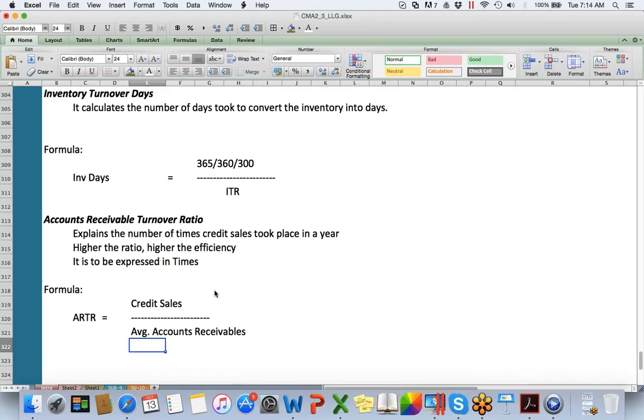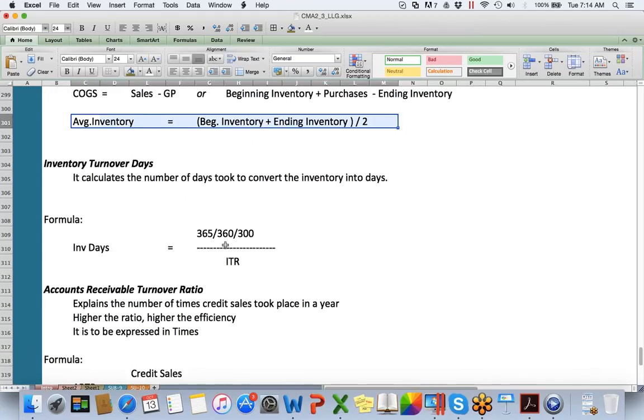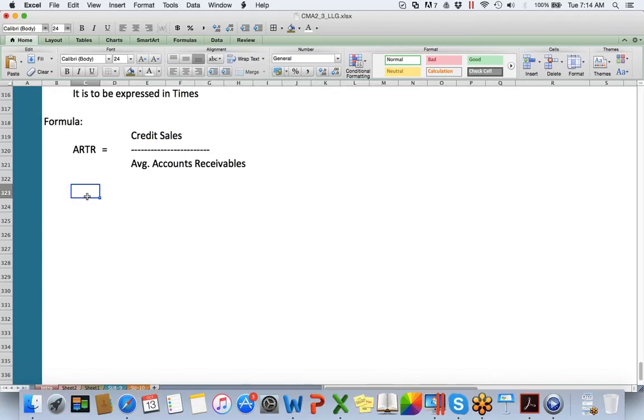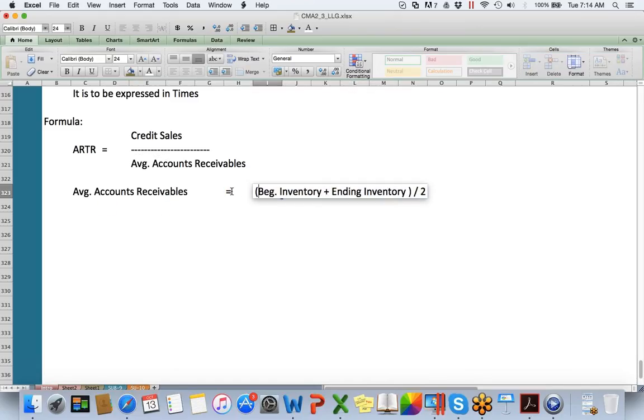Okay. Average accounts receivable, again you will calculate the same way. Beginning receivables plus ending receivables, average accounts receivable equals beginning receivables, beginning AR, plus ending AR divided by 2.